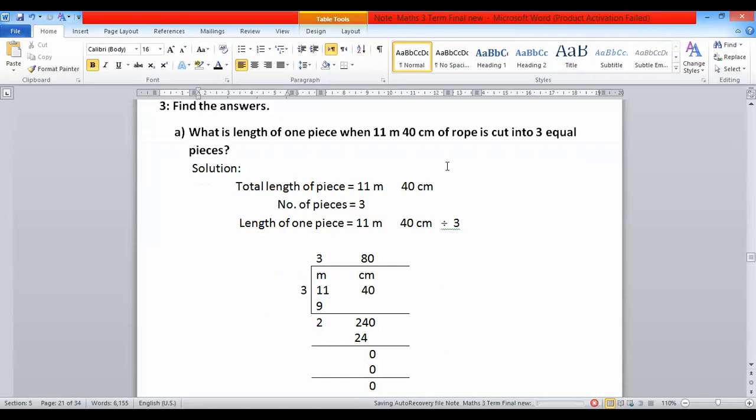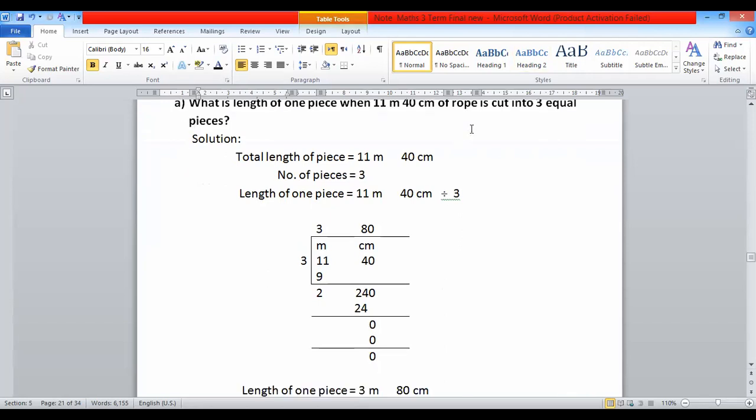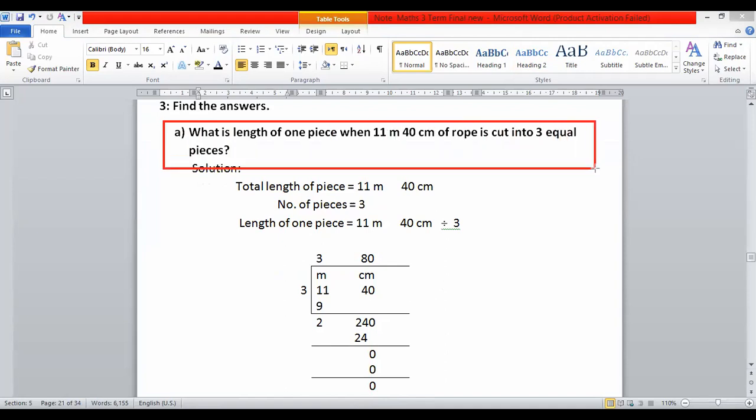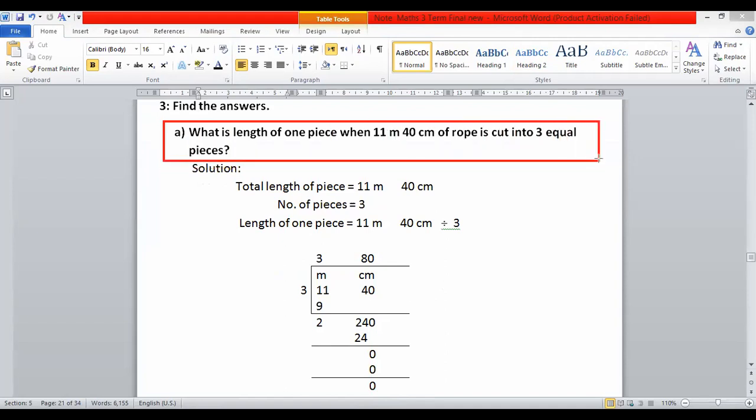The first one is, what is the length of one piece when 11 meter 40 centimeter of rope is cut into 3 equal pieces?